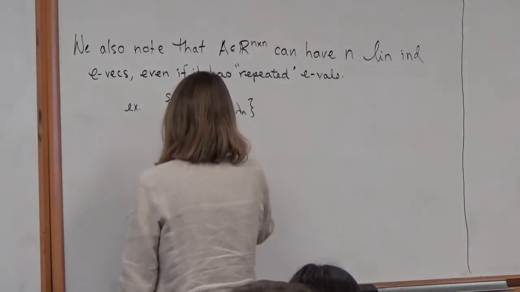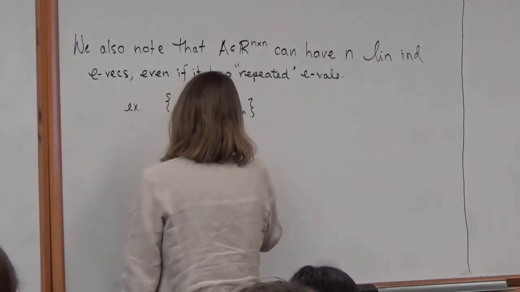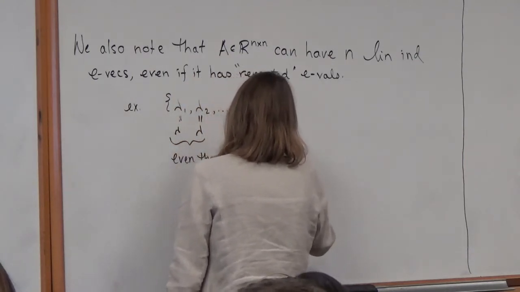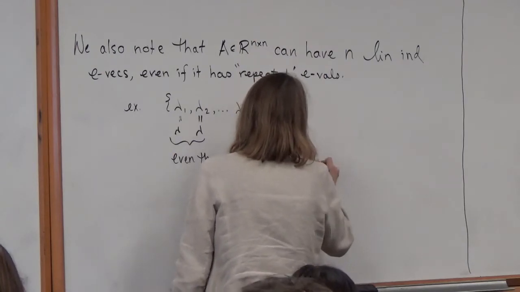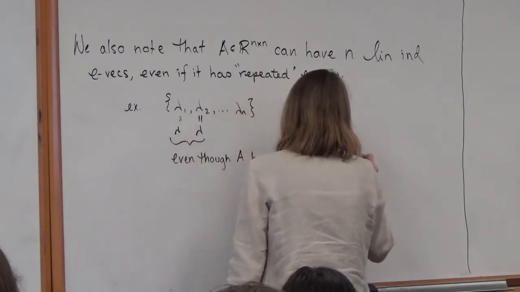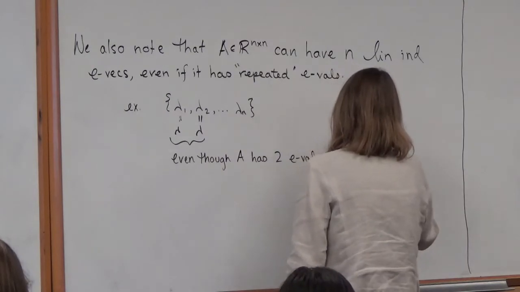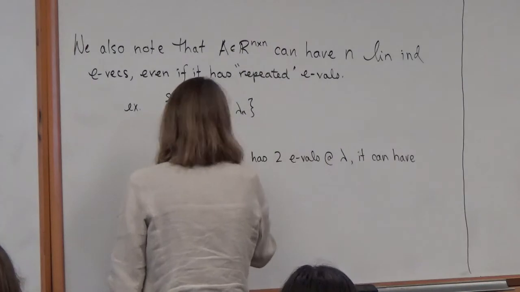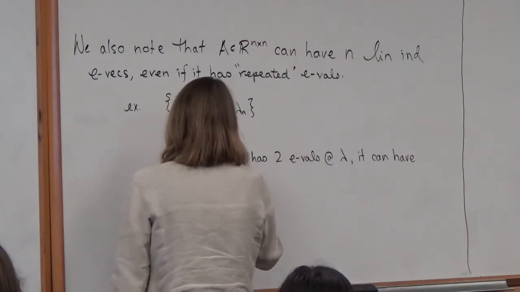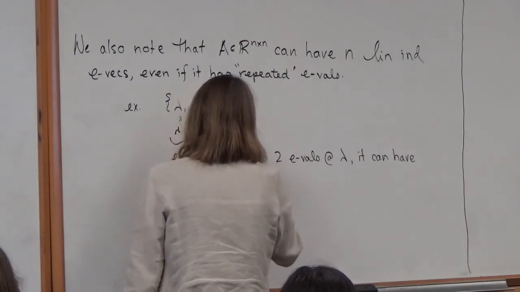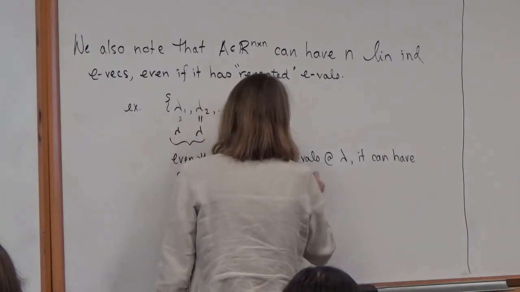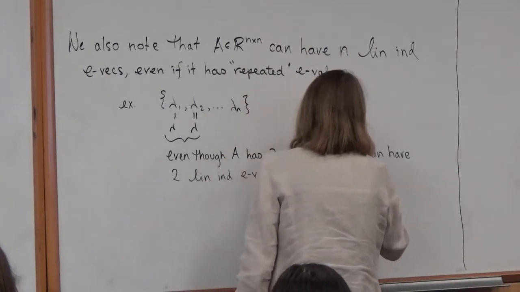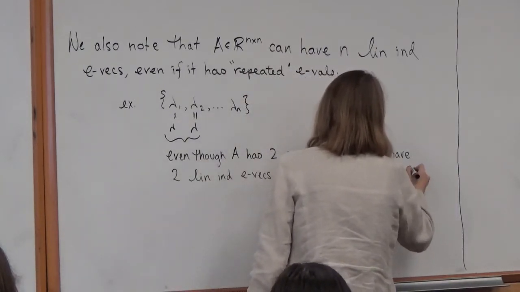So, what's the right way to say it? Even though A has two eigenvalues at lambda in this example, it can have two linearly independent eigenvectors associated to this eigenvalue at lambda.